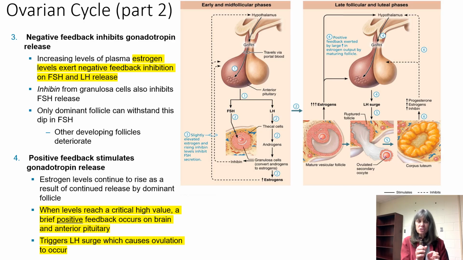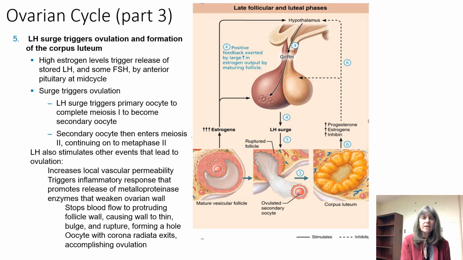That triggers a surge of luteinizing hormone, which causes ovulation to occur. That luteinizing hormone surge will trigger ovulation and the formation of the corpus luteum. So high levels of estrogen trigger the release of stored luteinizing hormone and some follicle-stimulating hormone by the adenohypophysis or anterior pituitary at mid-cycle. That surge triggers ovulation.